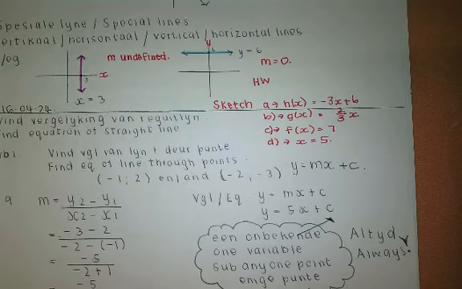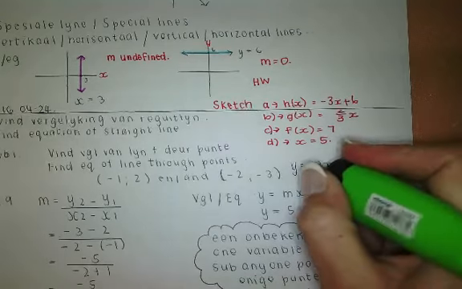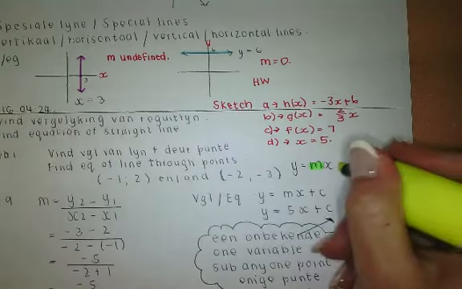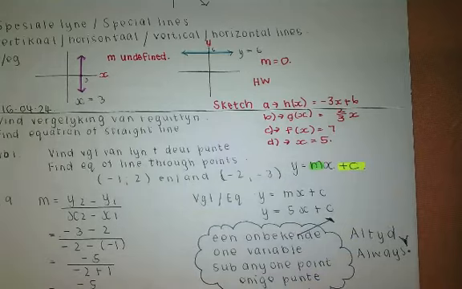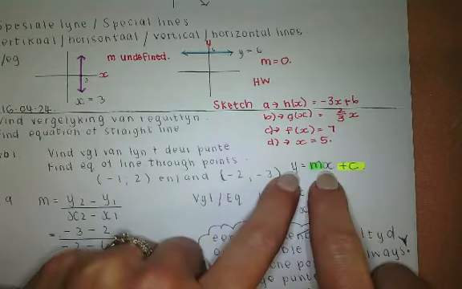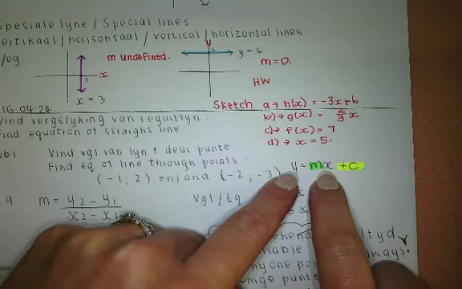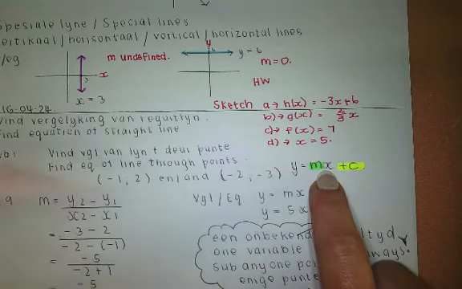We need to calculate the gradient, which is m, and we need to calculate c, which is our y-intercept. This x and this y just count as a random coordinate on the graph that you'll need to substitute somewhere along the line later, that I will show you.